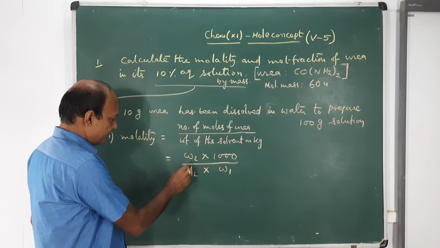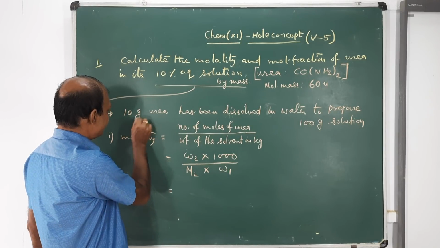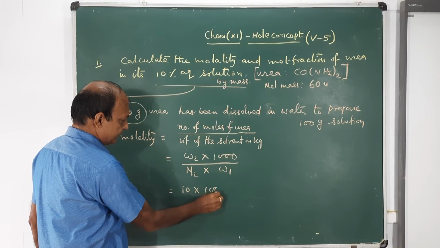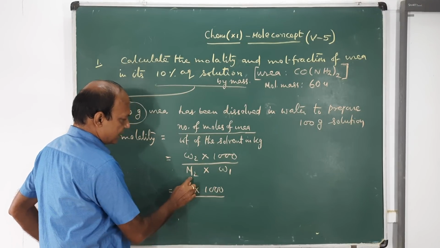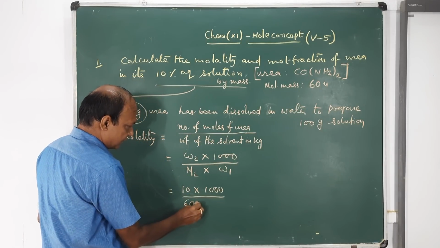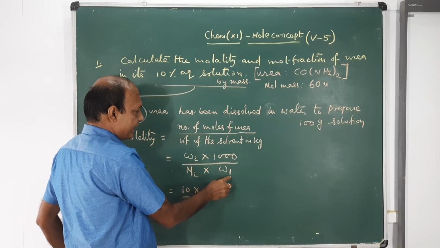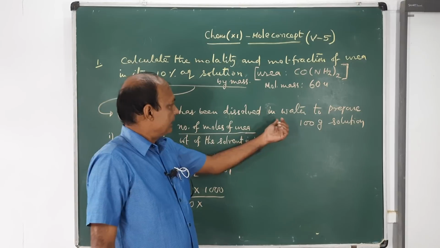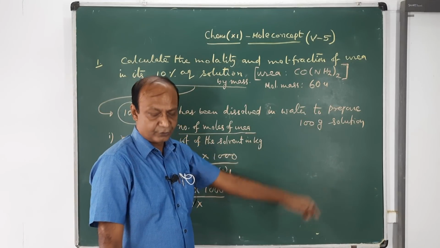So what is the weight of urea? The weight is 10 gram urea into 1000, divided by the molar mass of urea, 60, and the weight of the solvent. As you know, 10 gram is dissolved to prepare 100 gram solution.